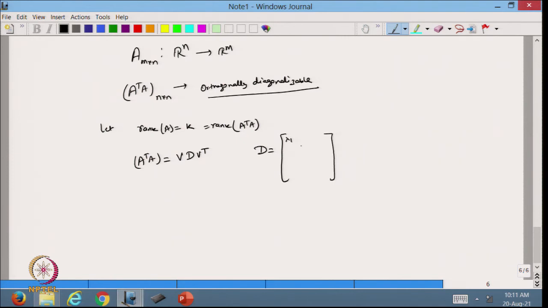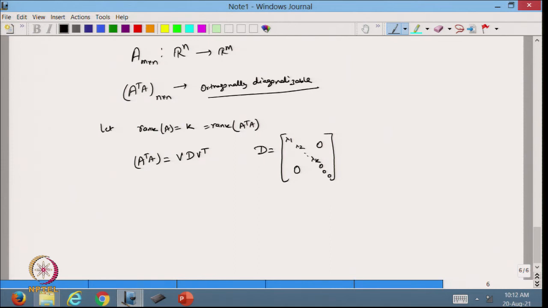So, I take the eigenvalues lambda 1, lambda 2 up to lambda k, and then it is going to have 0 eigenvalues because its rank is k. So, I have k non-zero eigenvalues and all other eigenvalues will be 0.